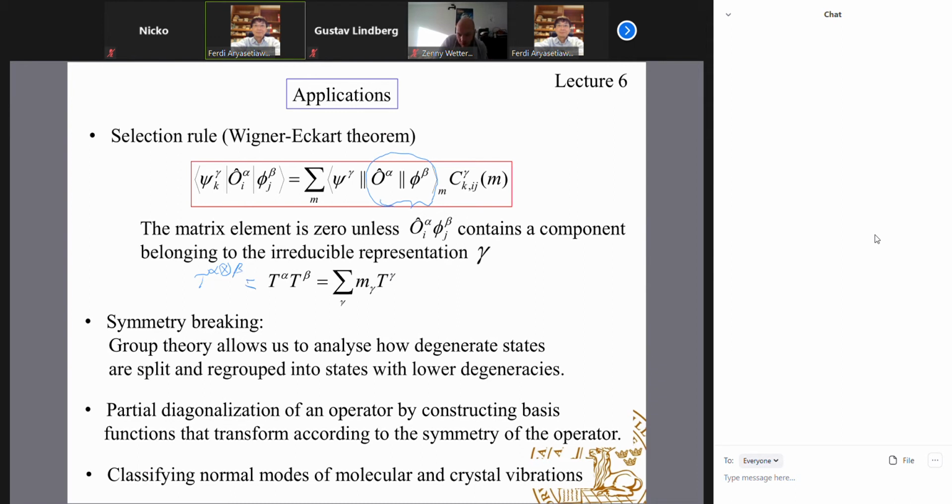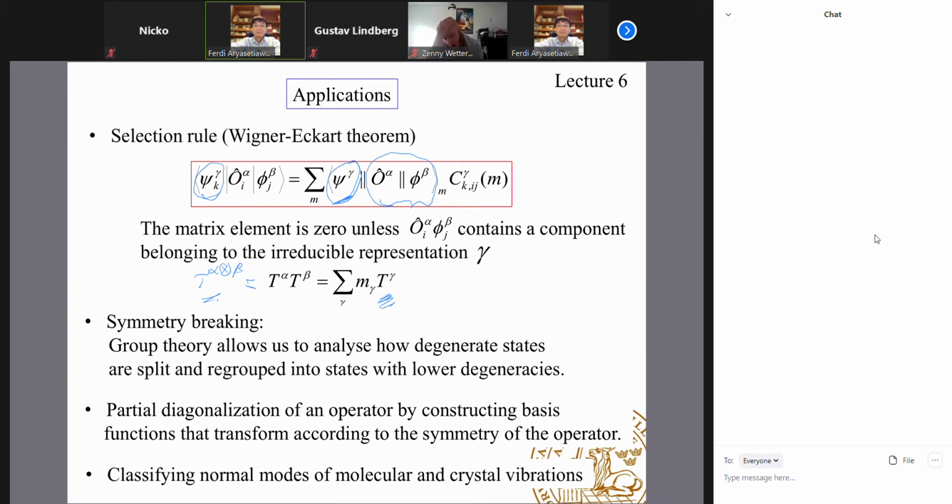And then one can decompose this product representation into its irreducible components, M gamma, T gamma, like what we just showed. Then it becomes obvious that this state here, psi gamma, must belong to one of these irreducible representations, because otherwise it's 0.